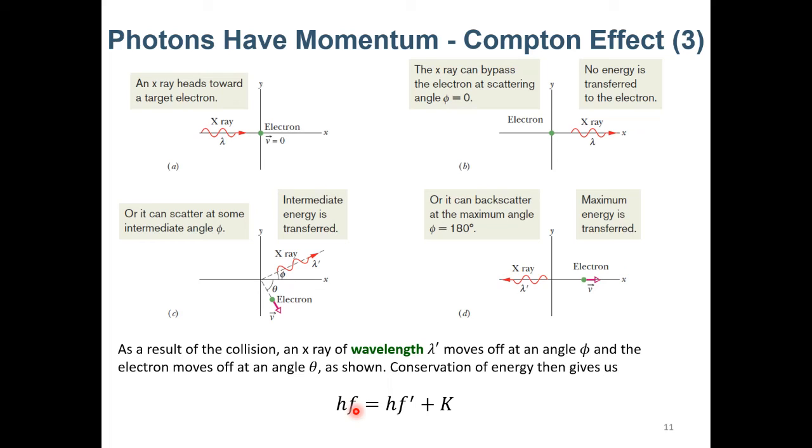It is a fully elastic collision, so this is the original energy of the X-ray, and the X-ray becomes lower, which means that some of the energy is absorbed by the electron, so the electron has the kinetic energy K, and the X-ray will have a lower energy because the energy should be conserved.